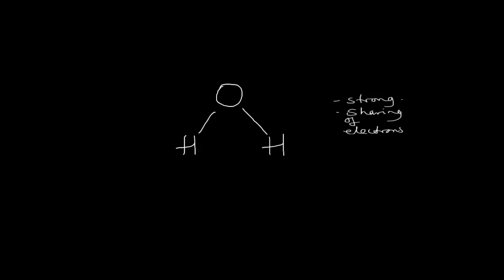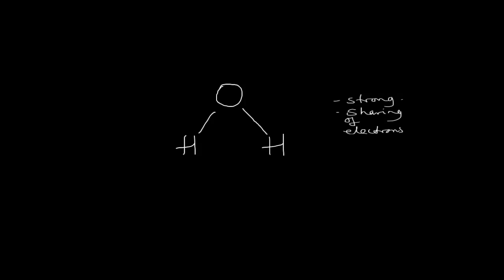Okay. Now, these electrons, we can think of them as being like a cloud around the nucleus of the oxygen as well as the hydrogen, and they're constantly moving around. Sometimes they'll be around the hydrogen, sometimes they'll be around the oxygen.